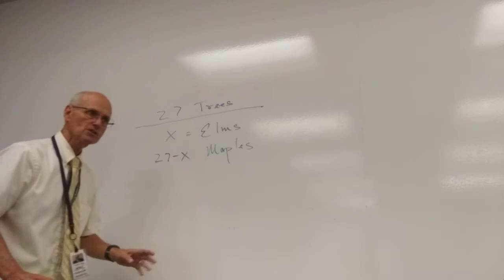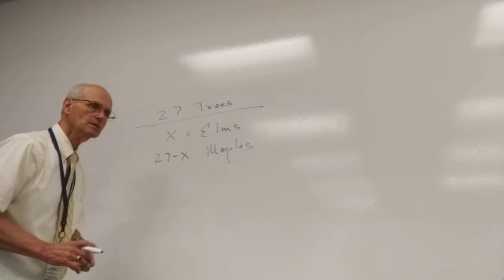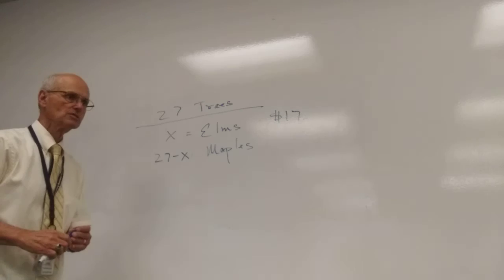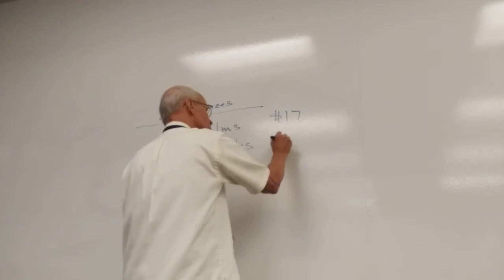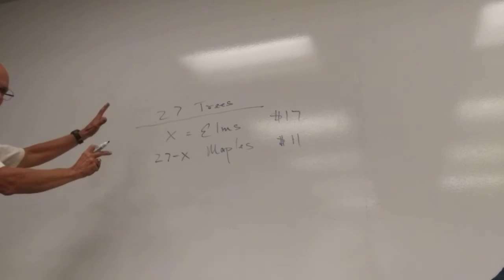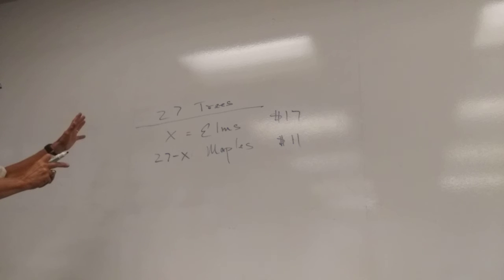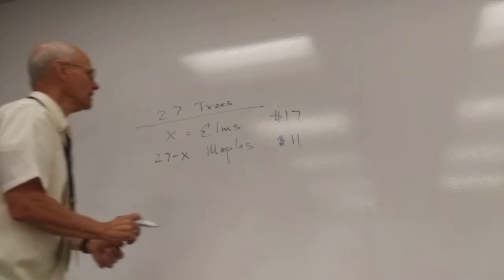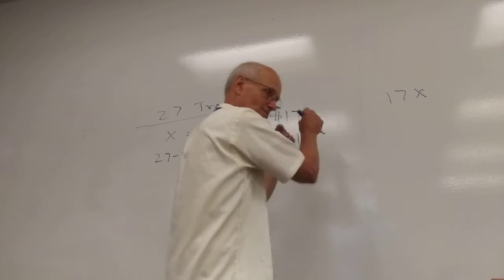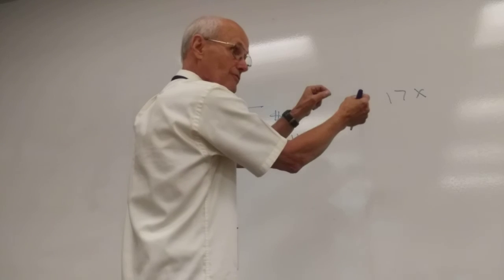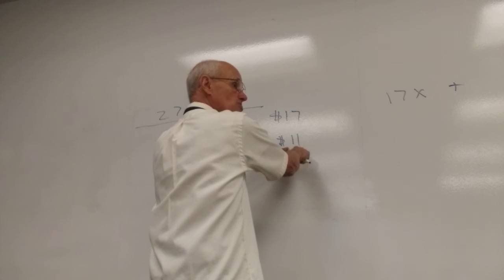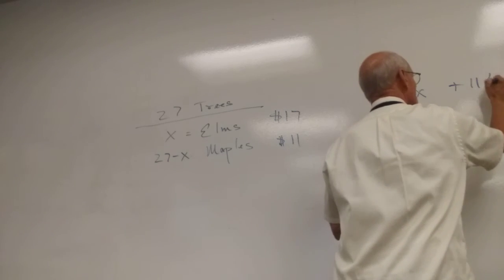How much does an elm cost? 17. How much does a maple cost? 11. This is just getting organized. Now I can write an equation. X elms, $17 for every tree. $11 for every tree.